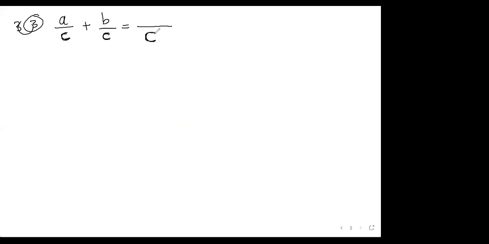So the same denominator C, we add A plus B. The same with subtraction.